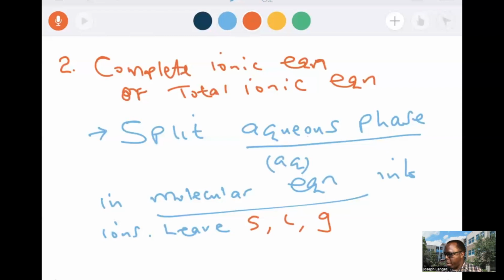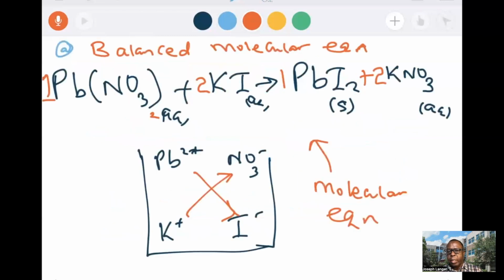So what I mean by splitting is, let me step back and show you how you split. You have to see where the anion and cation are. I split this anion and cation. You don't split the solid, just leave this alone. We have to split this into ions.